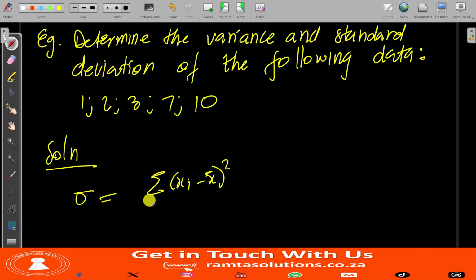Do you see we already have the x sub i's here? This is the data point in our data set. Now we need the mean, which we call the average, and we need the distance between data points and the mean, and the square of it.